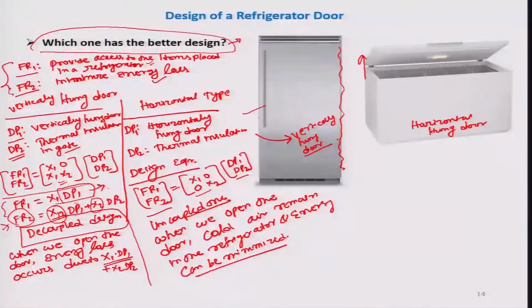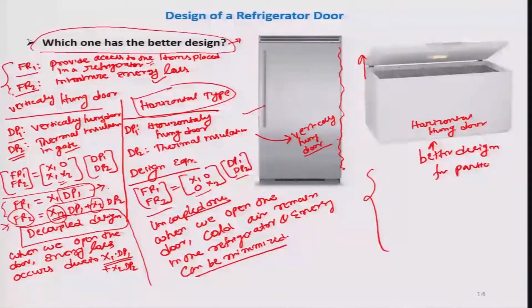So, in this case, for that particular functional requirement, you can see that horizontal type is better than vertical type refrigerator, but this is not always fixed. It is a better design for particular requirements. So, for different requirements, the design may change. It may be possible that for certain requirements, a vertically hung door will be better.